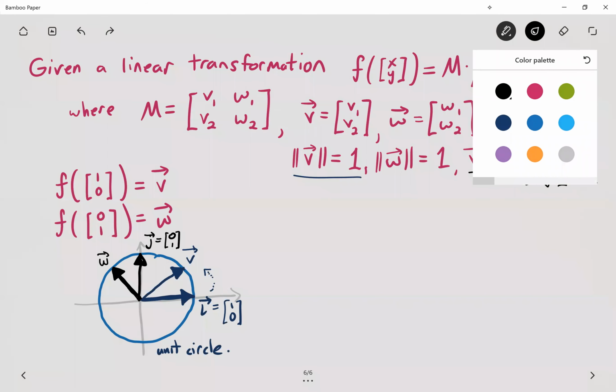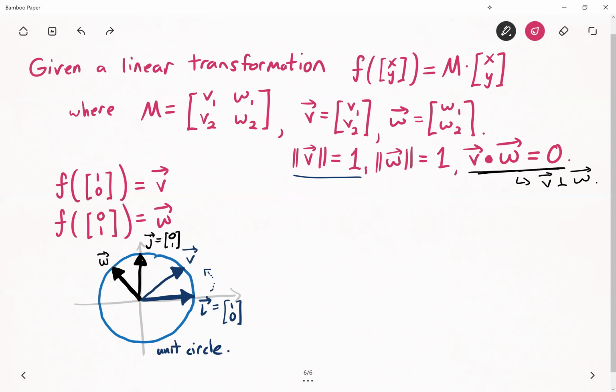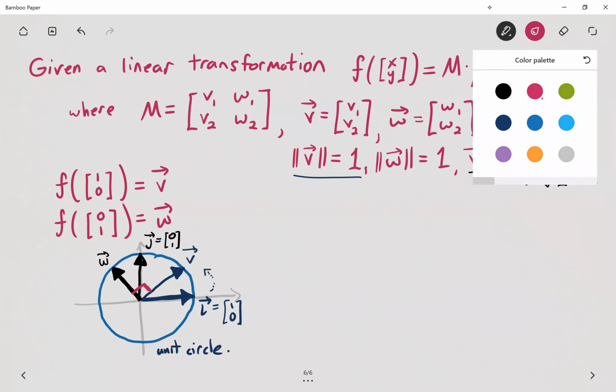Now, one of the cool things we have here is V and W are perpendicular to each other. Let me draw a little perpendicular mark. So what can I conclude about any of these angles here? I can actually say a few things.